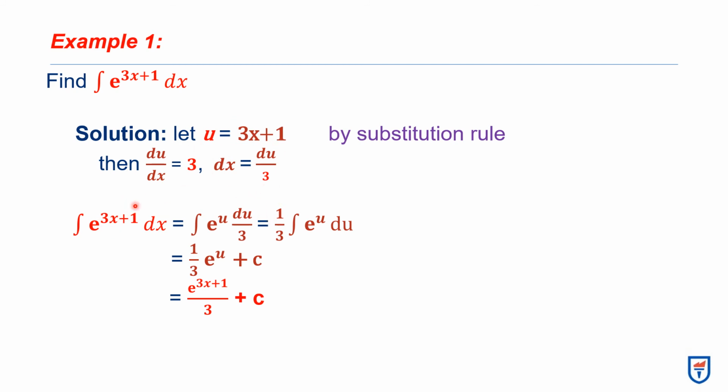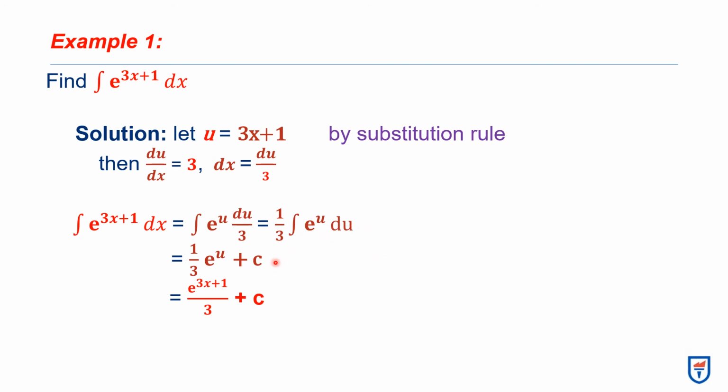And now in place of our function, we are putting a u. So in our original function, that is the integration of exponent 3x plus 1 dx, we're going to put a u in place of 3x plus 1, and we're going to end up having integration of exponent u du. In place of dx, we put du over 3. Then you are going to take out 1 over 3 outside the integrand. You're going to have 1/3 integral of exponent u du.